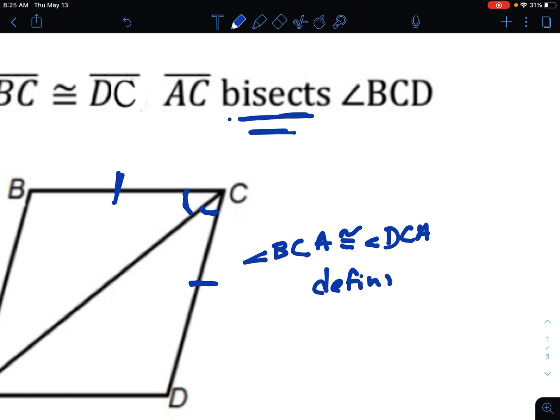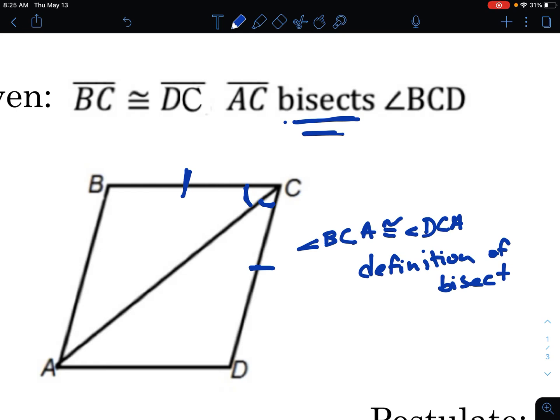That's what we're using. Now, we have used up all our givens. We got the congruent sides, we got the idea of bisect. Not like the last one where it did something else. It didn't say it bisects BAD or anything like that. So now we're stuck. We got 2 bits of information.